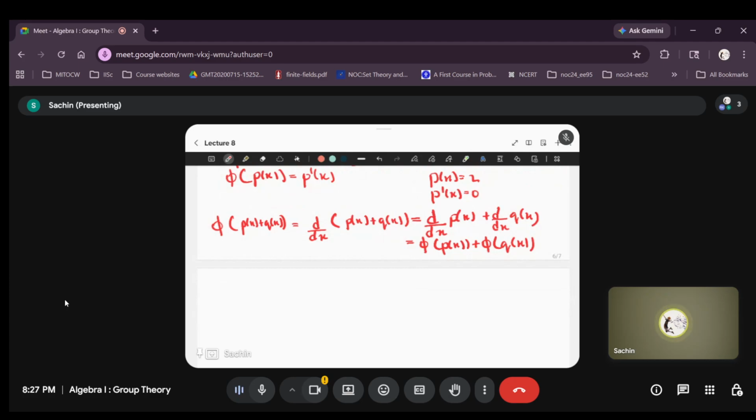What is the kernel of the homomorphism? Yeah, set of all C, C in R. Or you can simply write R itself. All the constant polynomials.